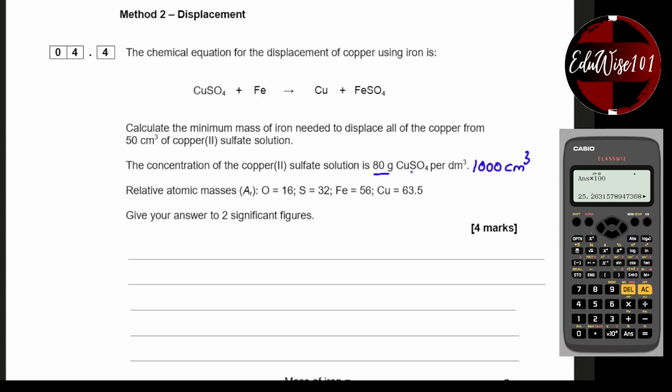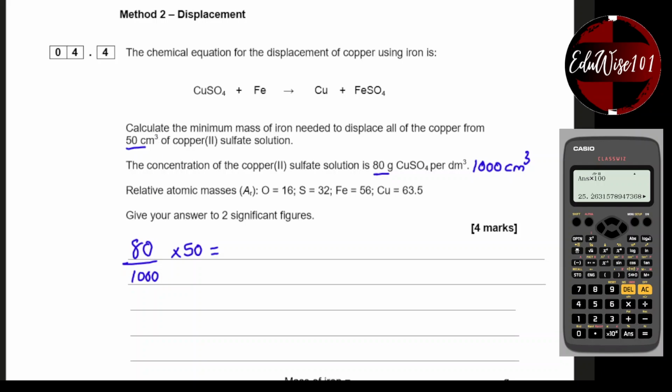So the first step is to find out how many grams of copper sulfate you have actually got, because you only got 50 centimeter cube. So if I divide 80 by 1000, I will find out how many grams are in 1 centimeter cube. Then I need to multiply that by 50 to give me the mass in 50 centimeter cube.